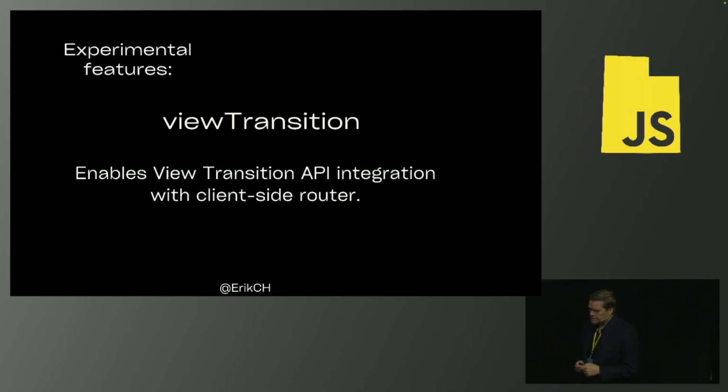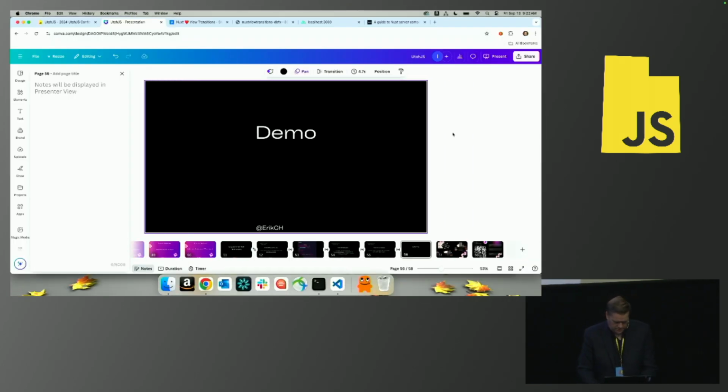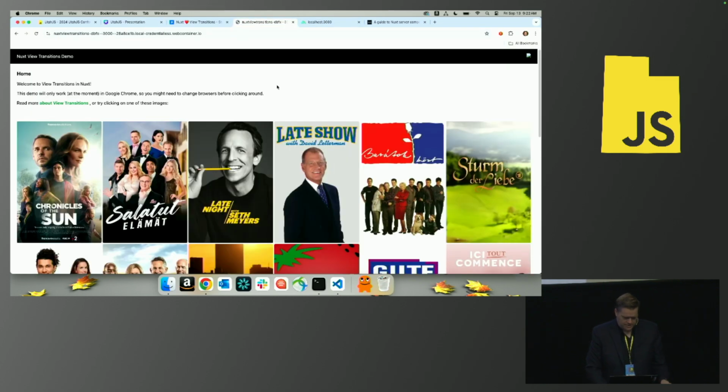And view transitions. Has anybody used view transitions at all in any other framework? It's a neat new feature, not specific to Nuxt, that has a really nice way to do animations. Let me show you what that looks like. Here is a demo on StackBlitz.